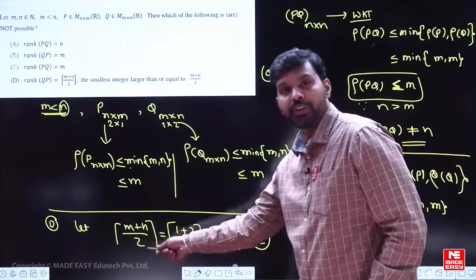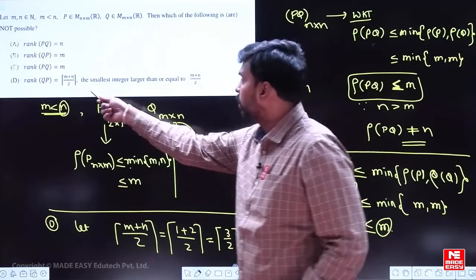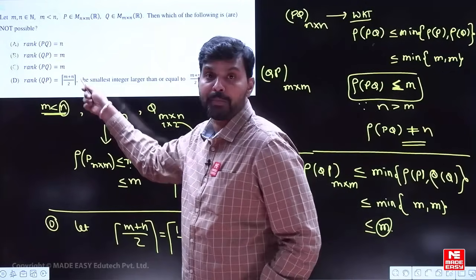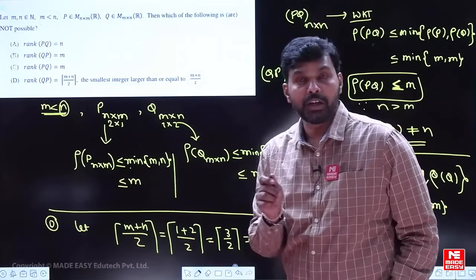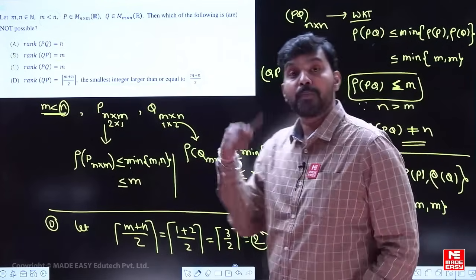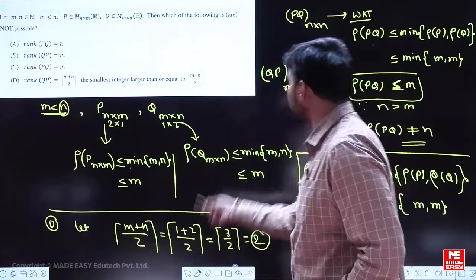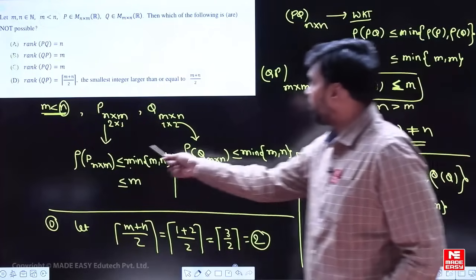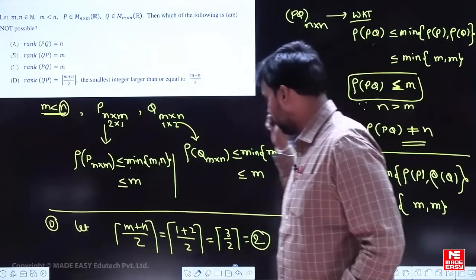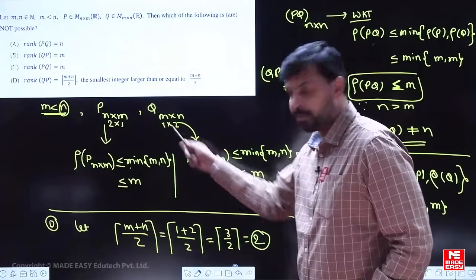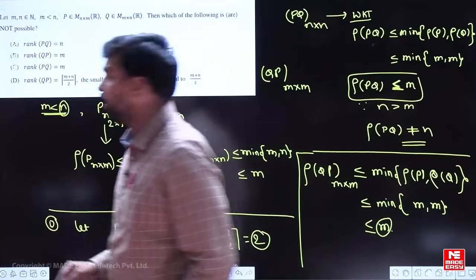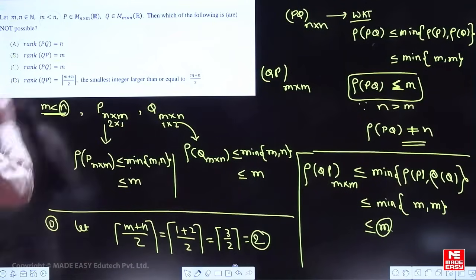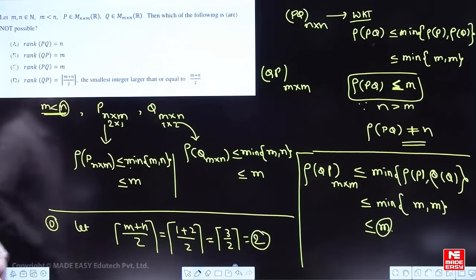But in this case, this function, that is the ceiling function of (m plus n) by 2, is not giving you the m value or less than m, but it is giving you more than m according to this example, which you have taken as 2 cross 1, 1 cross 1. So here the m value is 1, but here you are getting 2. So this cannot be the possibility. So this is also not possible. So here the answer is A comma D.